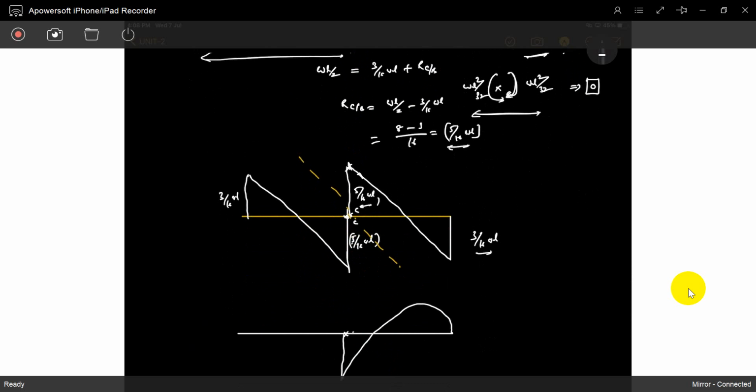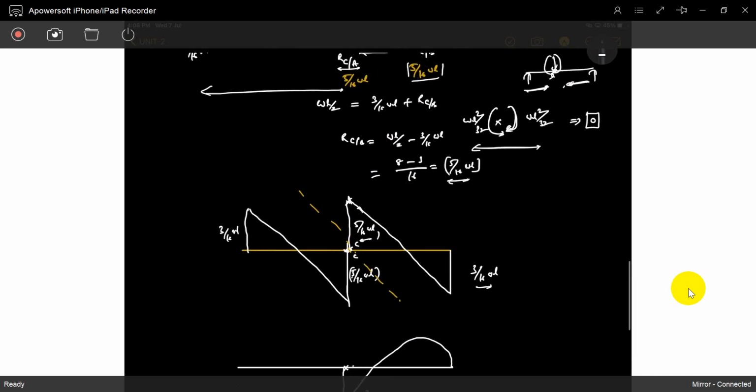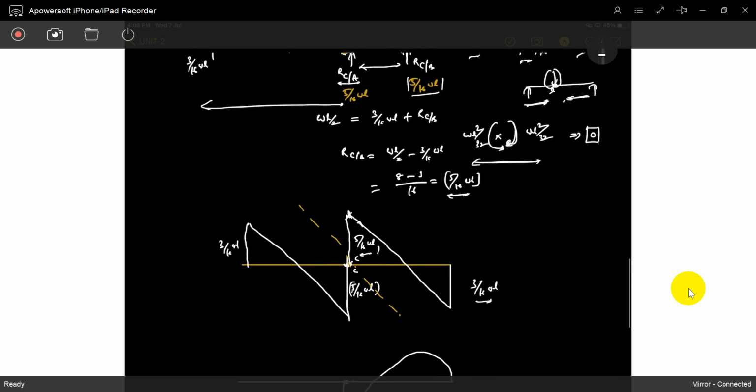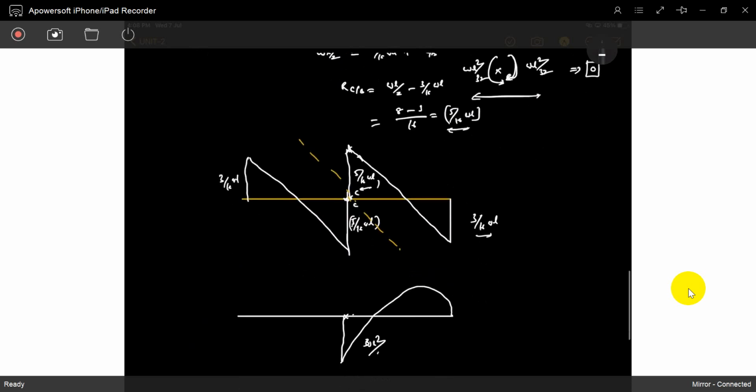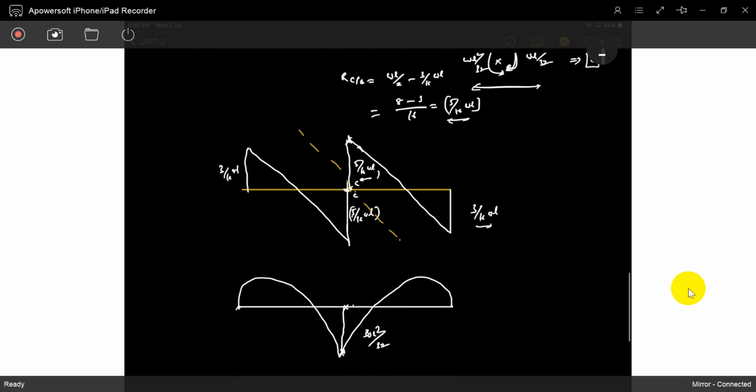What is that value? WL square by 32. Are you understood? WL square by 32. So again C has a WL square by 32 hogging moment, and A will come in this direction. It's a hogging moment, na? It's a hogging moment, negative. This is positive. If you see, at C there is only one bending moment, not two bending moments. It is a hogging moment.